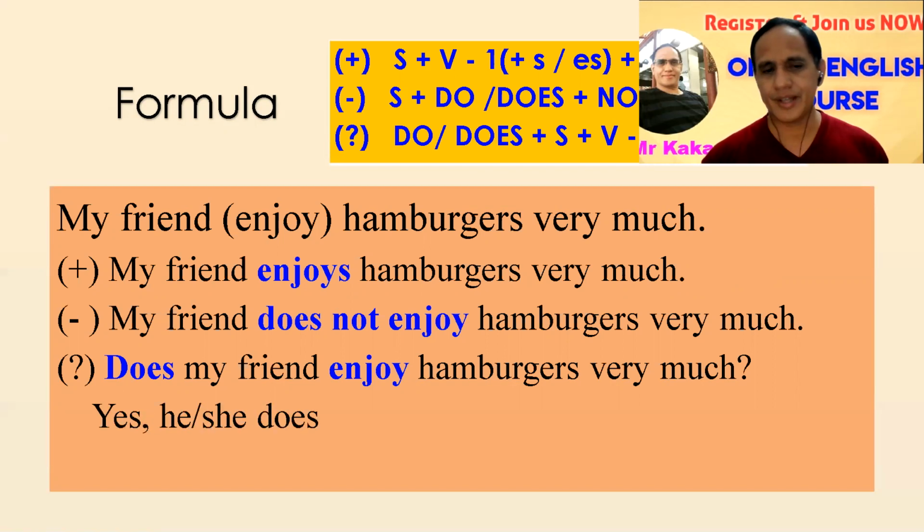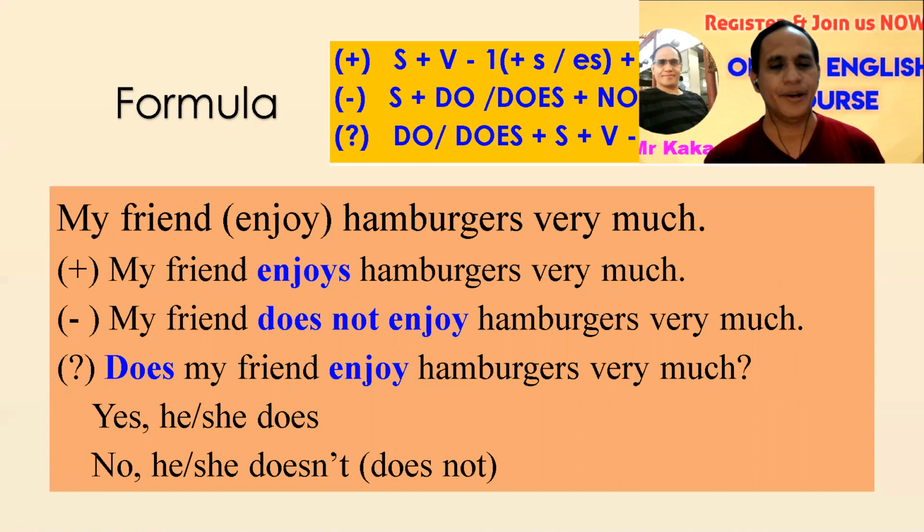Your answer will be "Yes, he or she does," depending on whether your friend is male or female. If you want to say no, it will be "No, he or she doesn't."